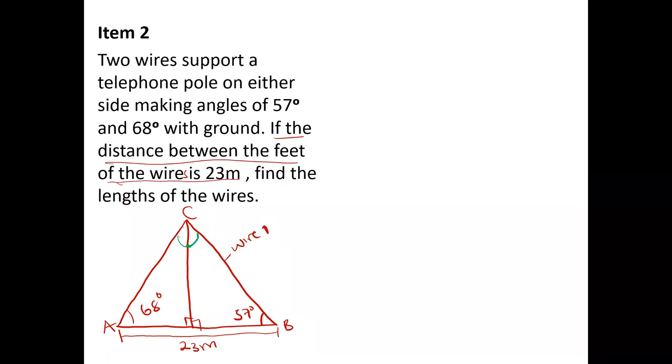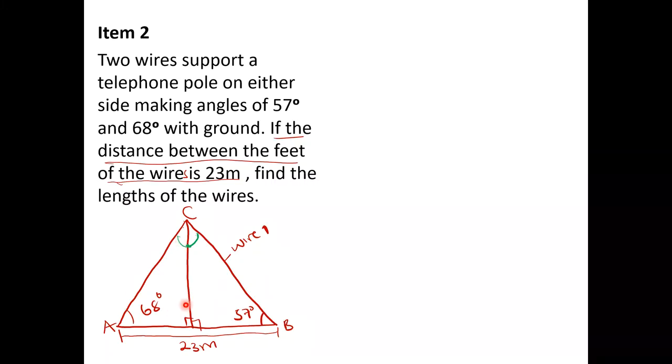So angle 57 plus angle 90 plus this angle should give 180 degrees. Also 68 plus 90 should give 180 degrees.